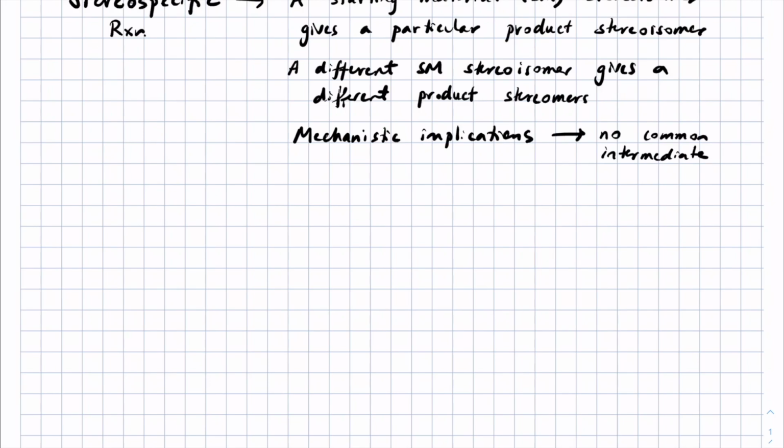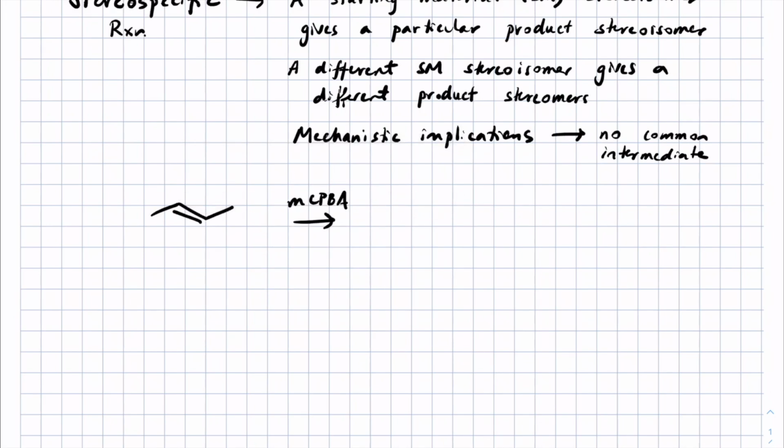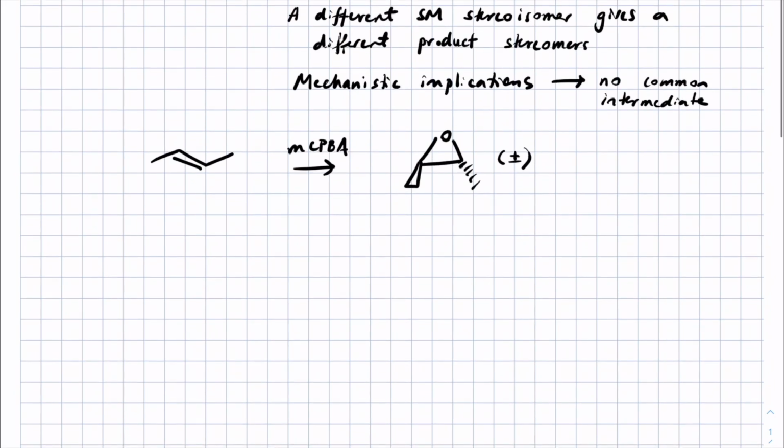But the classic examples of stereospecific reactions include epoxidation. So you're used to the idea that if you start with the trans alkene, you're going to get the trans epoxide.